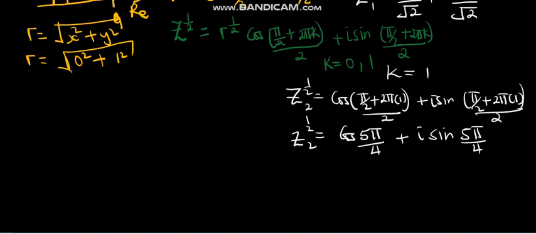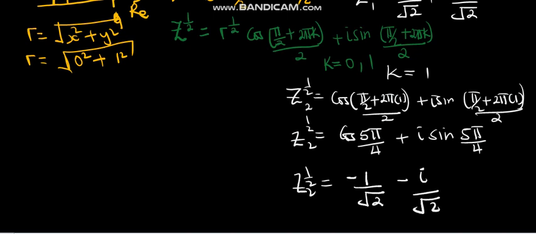And if we press our calculator, cos 5 pi over 4 is negative 1 over root 2. And then if we also place sine 5 pi over 4, it is also negative 1 over root 2.